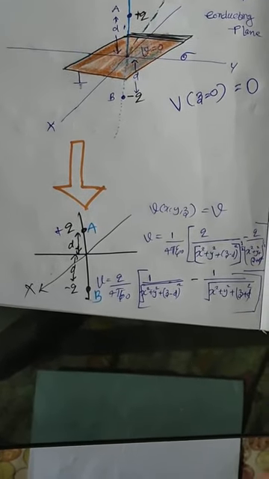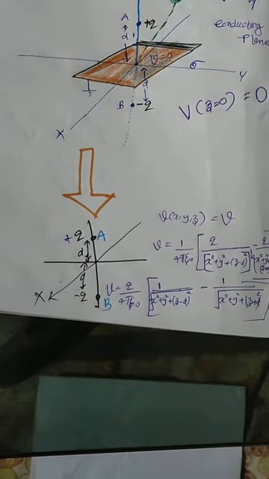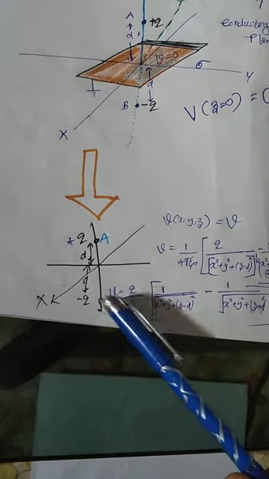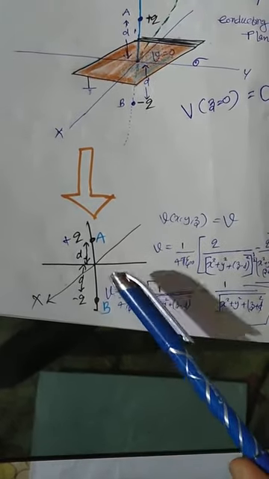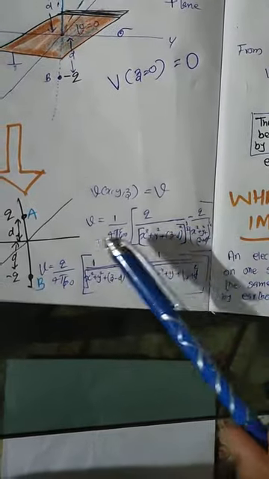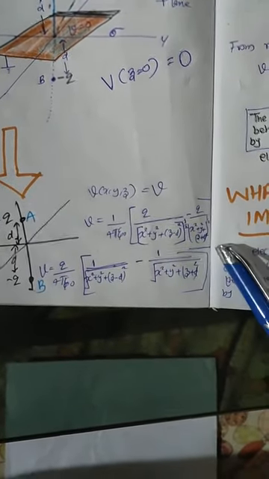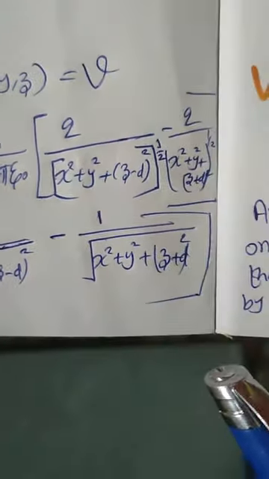In order to satisfy the potential at the xy plane being 0, we put minus q at the same distance d down from the xy plane. So this is the classic equation for potential, and we reach here. This is z minus d squared. This is very easy, as you are very much familiar with these terms.